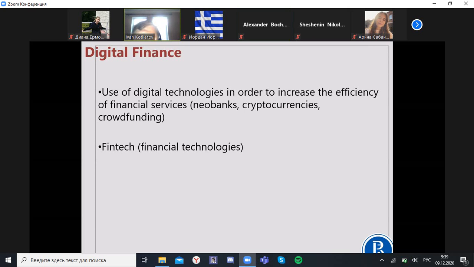Crowdfunding. You can easily understand the origin of this word. Crowd plus funding. So it is funding provided by a crowd, by a lot of people whom you don't know, with whom you are not acquainted, but who are ready to support your project. You inform a large audience of potential customers about your project via internet.